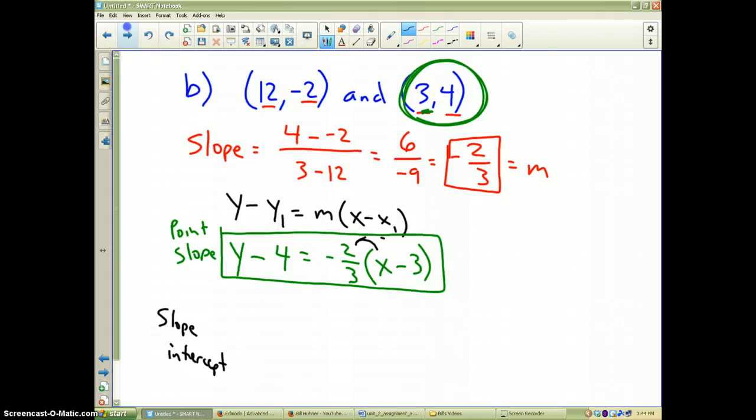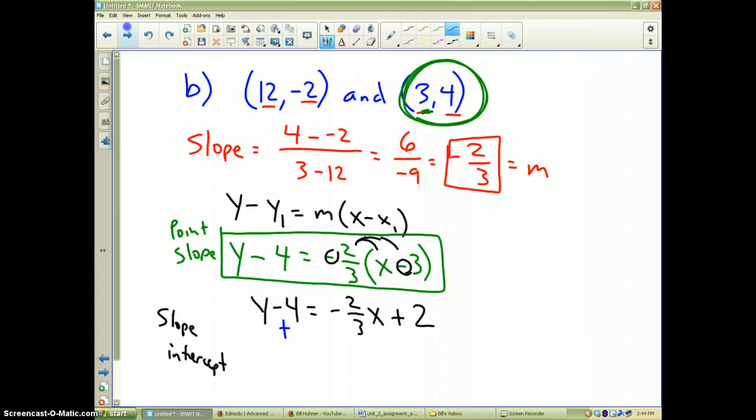So I need to take negative 2/3 times both of those. And I get y minus 4 equals negative 2/3 x, and then negative 2/3 times negative 3. A negative times a negative makes a positive, and 2/3 times 3 is 2.